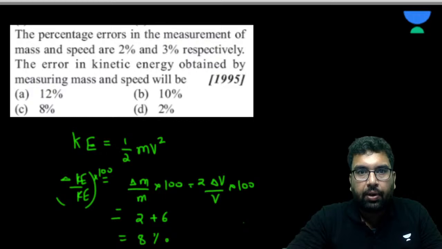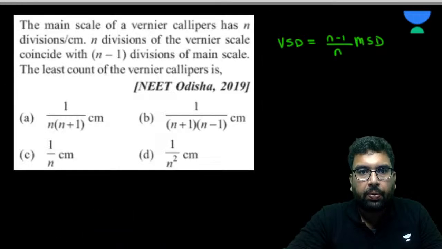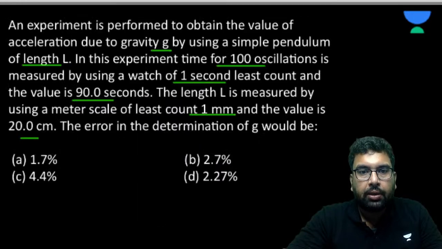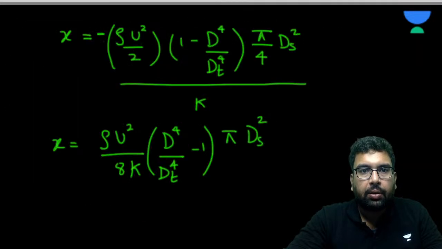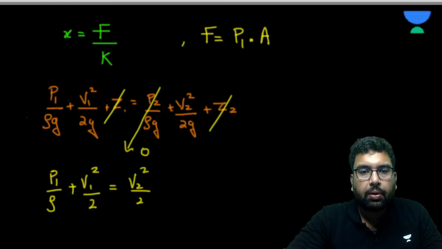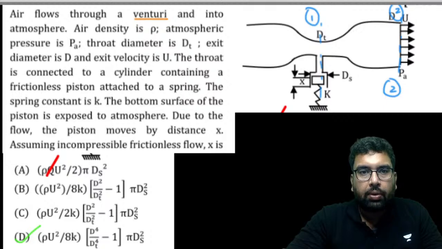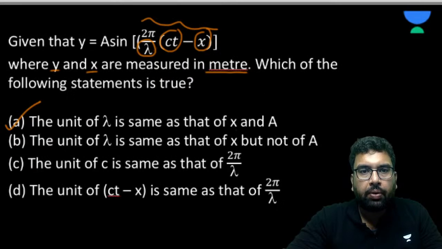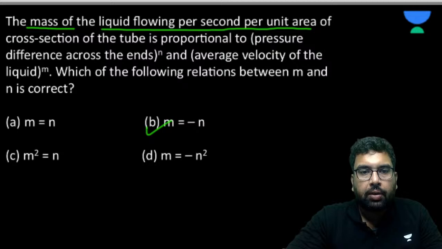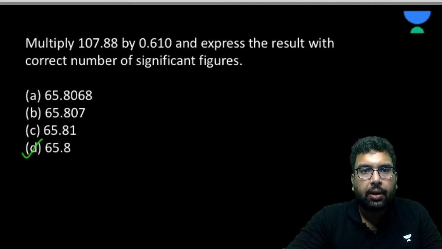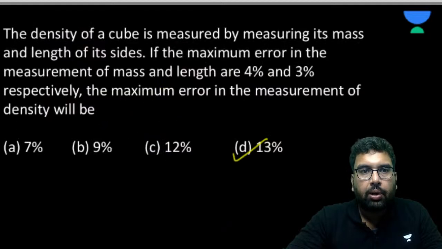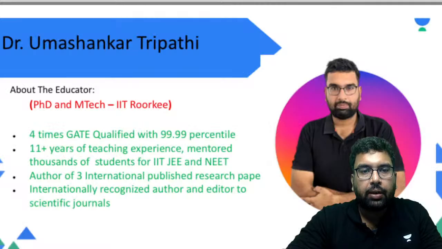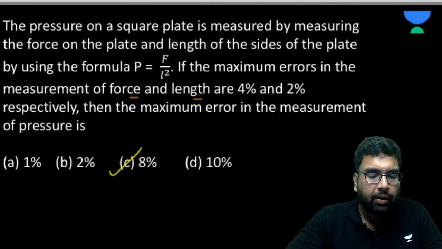We have one, two, three, four, five, six, 7, 8, 9, 10, 11, and this is 12, 13, 14, 15, 16, 17, 18, 19, 20, 21, 22, 23. So we did 23 questions today. Yesterday we did 41.